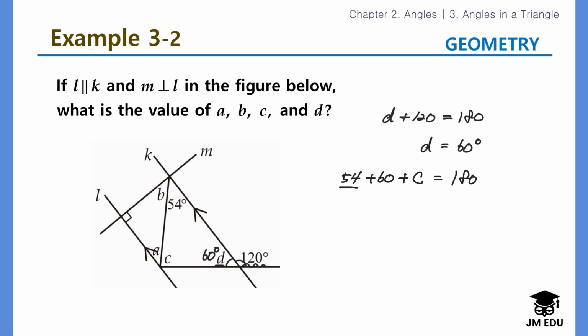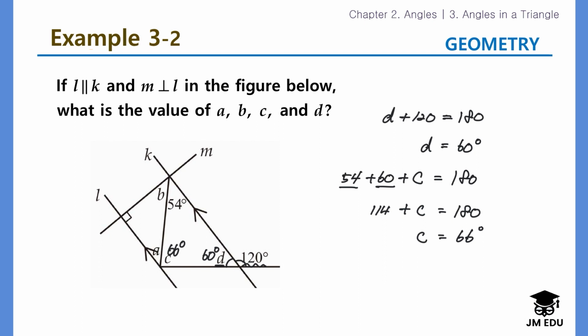So the sum of these two is 114, right? 114 plus C is equal to 180. So subtract 114 from each side, C is equal to 66, right? 66 degrees.